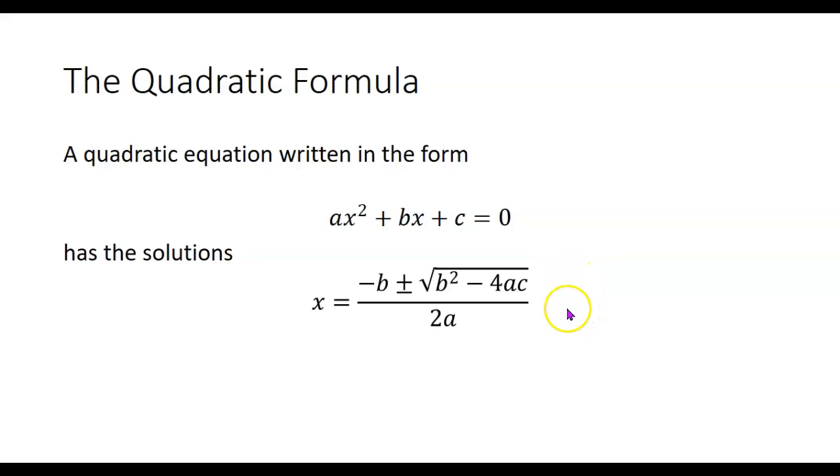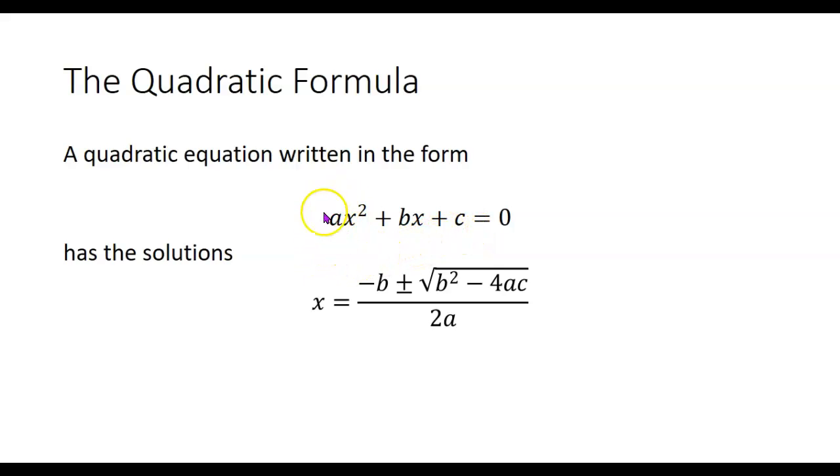To use the formula, you have to get your quadratic equation in this form. That is, you have to get everything on one side arranged with the x squared term first, the x term in the middle, and the constant term on the end, equal to 0 on the other side. Then the letters A, B, and C stand for whatever particular numbers happen to be involved in your equation.